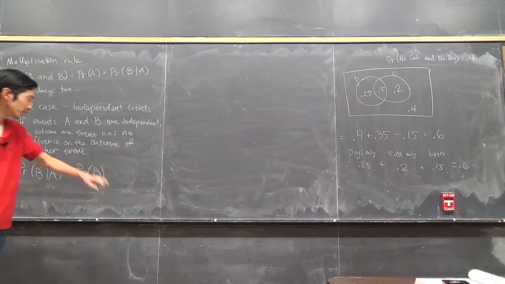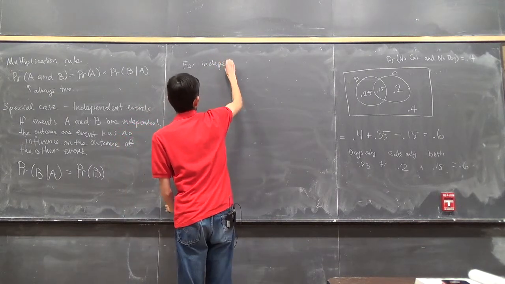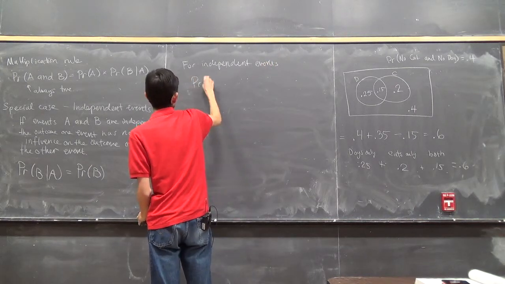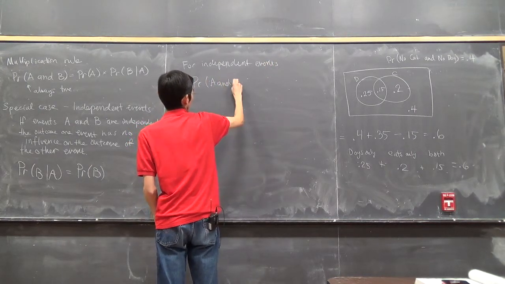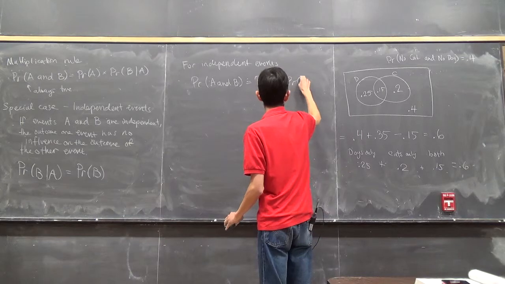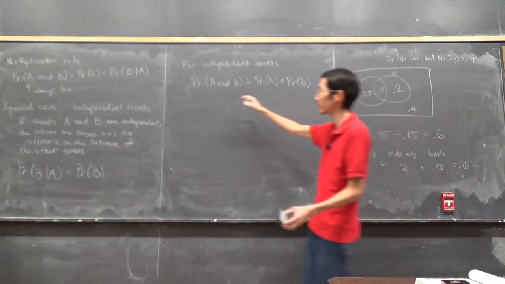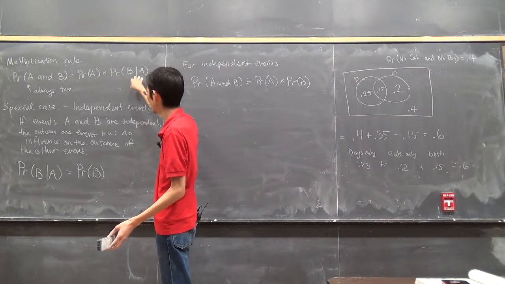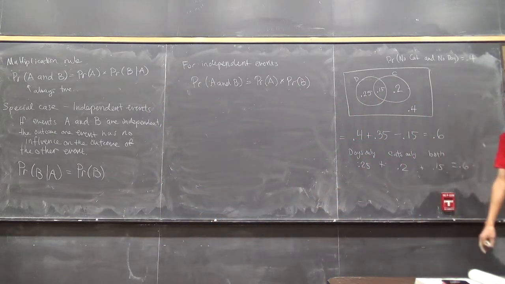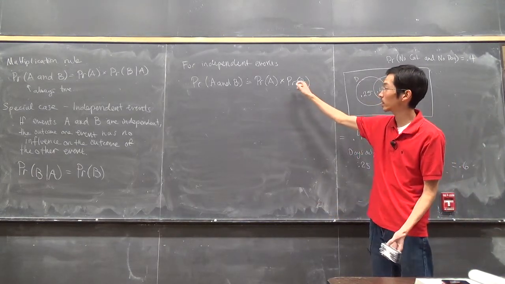And so that means for independent events, the probability of A and B is equal to the probability of A times the probability of B. So it's basically the same as this, although we're just replacing B given A with the probability of B. And this is an if and only if statement.